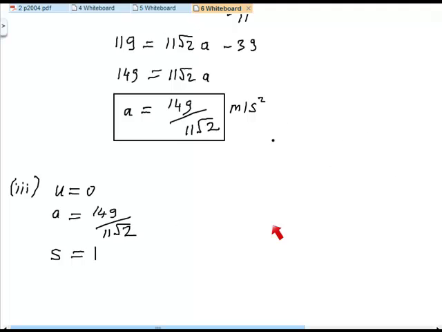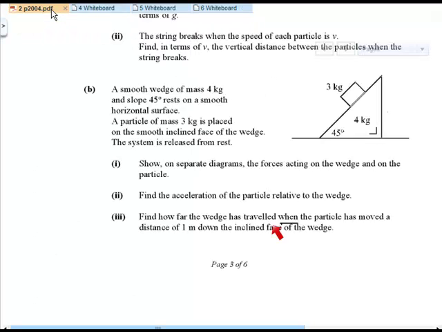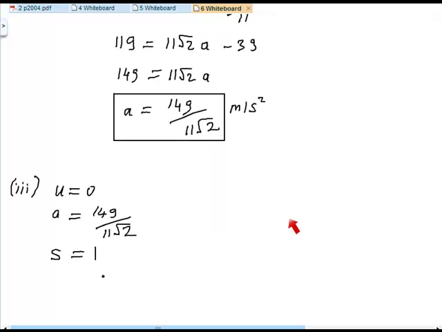And the question asks us to find how far it has travelled when. The key word here is when, because they're looking for after a certain time, and we need that time first before we can calculate the next part. So t is what we're looking for. T equals question mark. So we use s equals ut plus a half at squared.